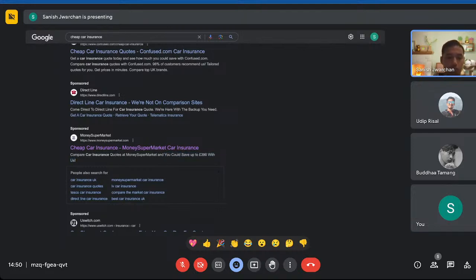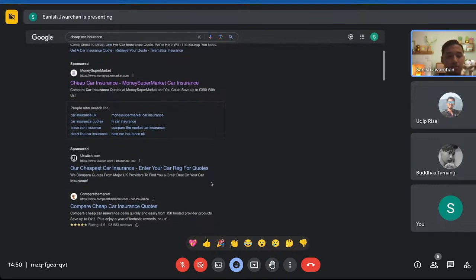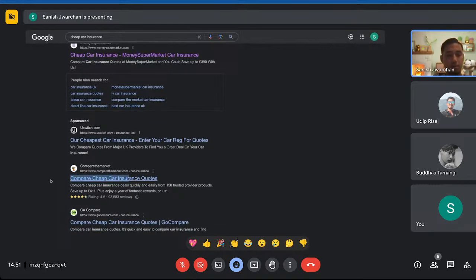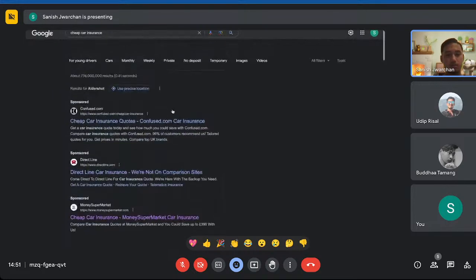These are all some sort of small hooks that psychologically entice the end user, right? This one as well. Our cheapest car insurance. We compare quotes from major UK providers to find you a great deal on your car insurance. A little bit lengthy, but it still does the job, right? Compare cheap car insurance quotes. So these are all great hooks here.